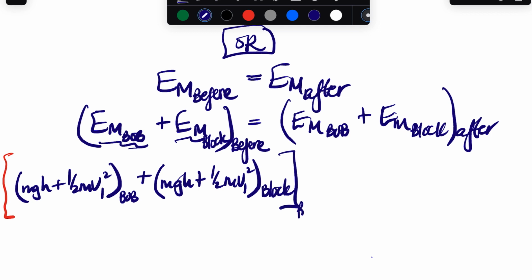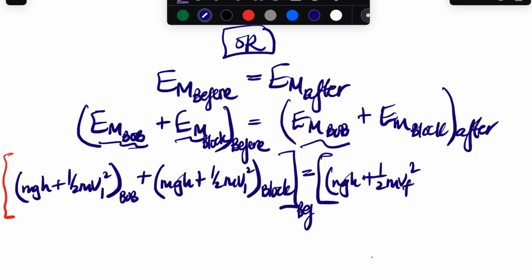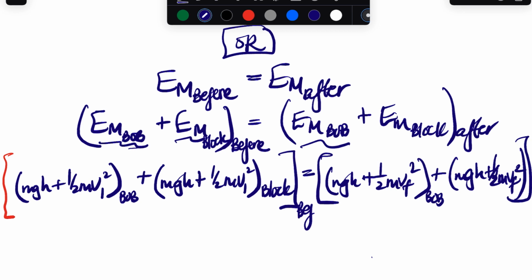This is before, equal to, and coming here, mgh plus half mv final squared of the bulb, plus mgh plus half mv final squared of the block. This is the after, right?